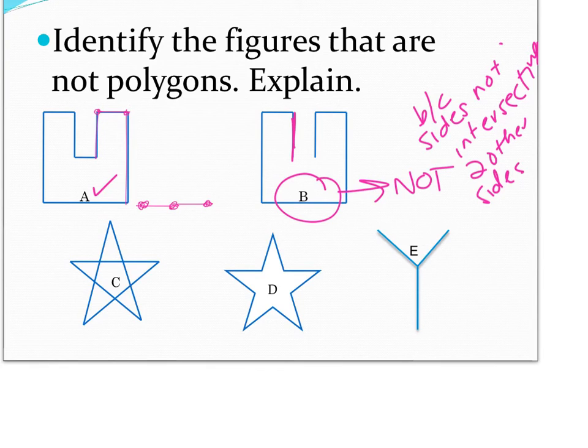How about C? Is C a polygon? No, this time it would be intersecting too many sides, right? If I were to look at this side here, this could either be this side where it would be intersecting too many sides, or there's two segments whose points would be collinear, right?